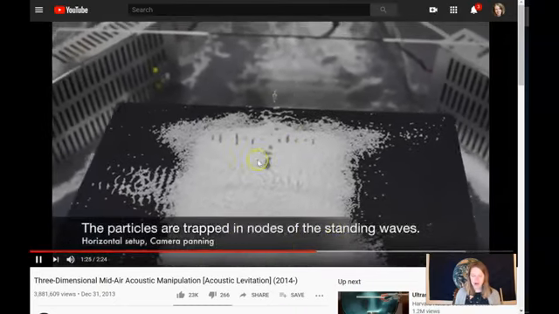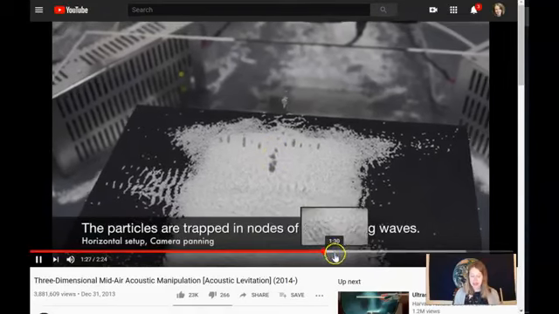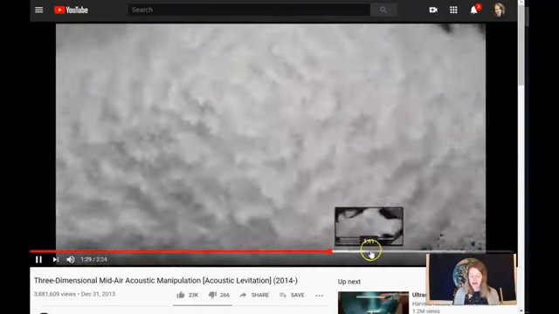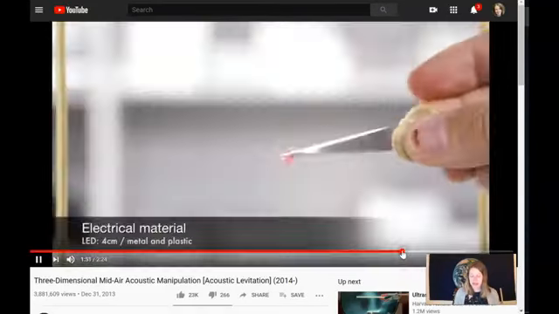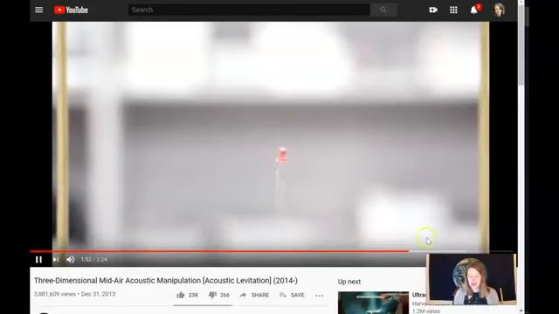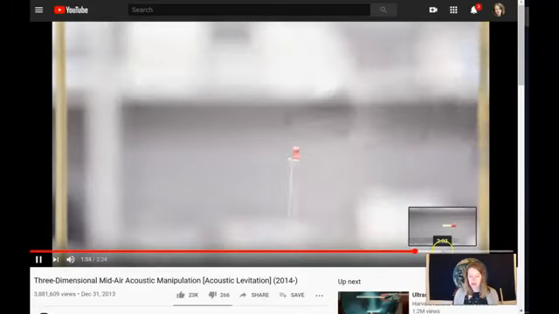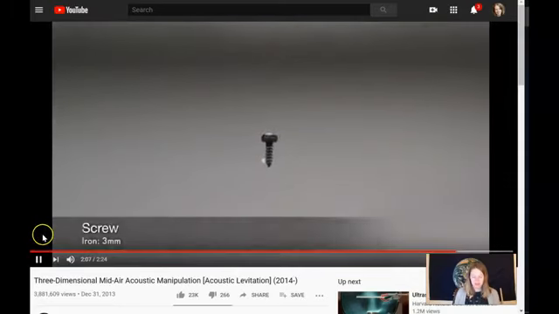Notice this is styrofoam. It's not like we're levitating a person here. They do some other larger objects, like a little LED, a little piece of wood, I don't know what that is, a little matchstick, a screw, a nut. So these are hanging out in those nodes.